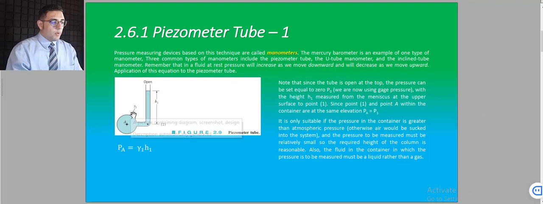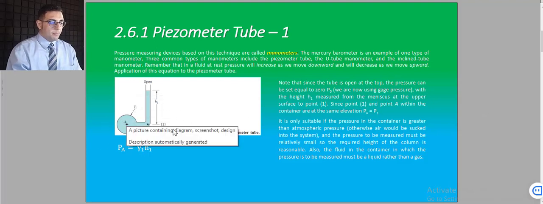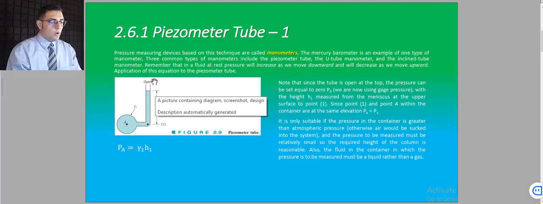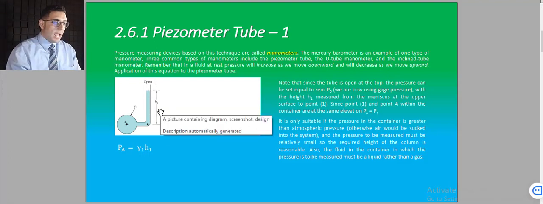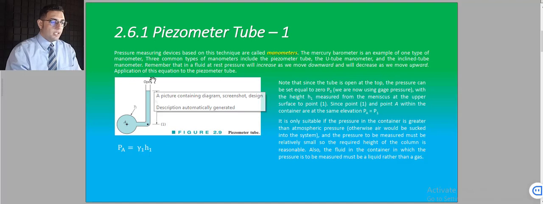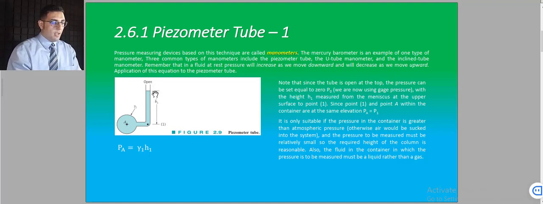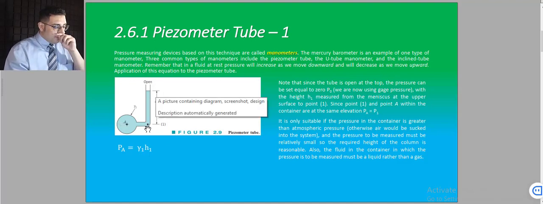As you see here, we have a piezometer, which has one open end. Here we have a pressure reference, which is atmospheric pressure. The main point of a piezometer is that if we have a point A here, the pressure at A is equal to pressure P1 here, since we have the same elevation.